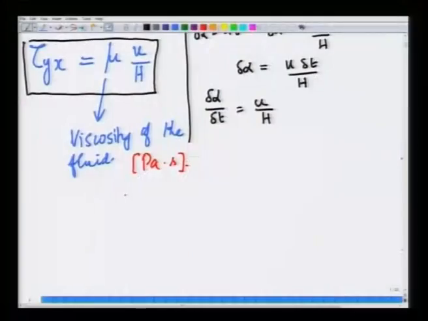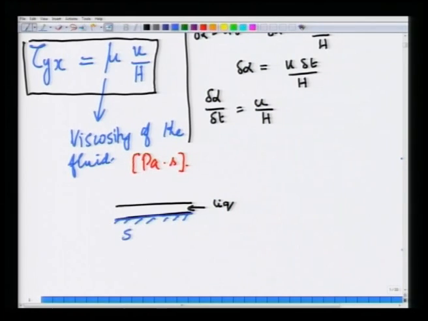You can use this formula to find, for example, suppose you have a fluid layer, a viscous liquid, and you have to push this viscous liquid. The bottom surface is stationary, and let us say you are moving the top surface with a belt.